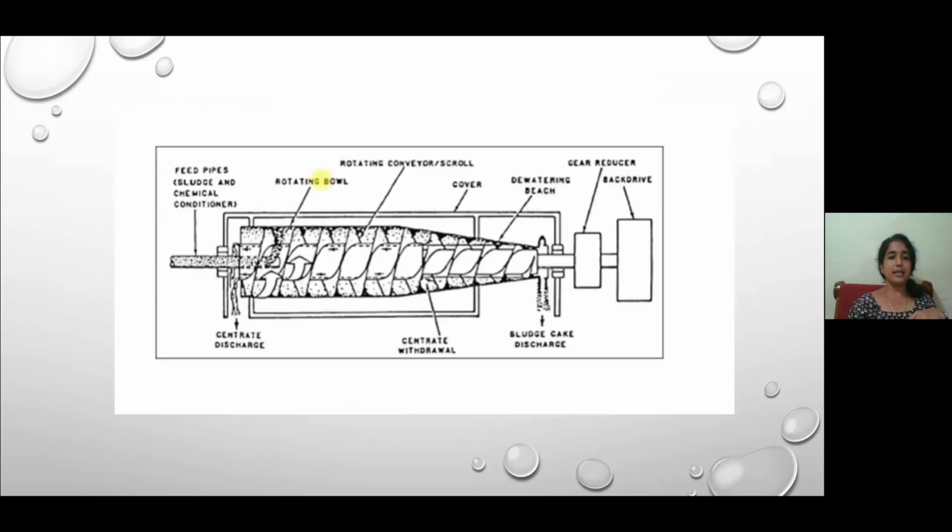Here you can see the influent is fed into the centrifugation chamber, and due to the centrifugal action, the solids are collected on the surface of the centrifugal arrangement and collected from there, and the supernatant, that is the water, is separated and collected through the outlet arrangement. You can see the sludge cake discharge here, at the end of the centrifugal arrangement.